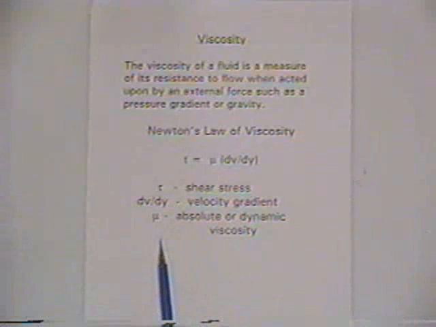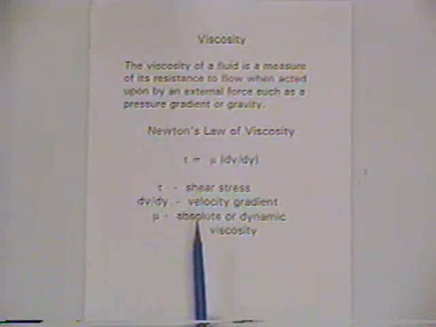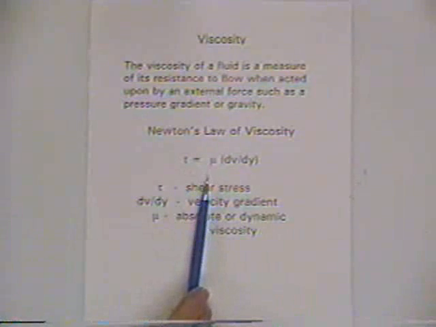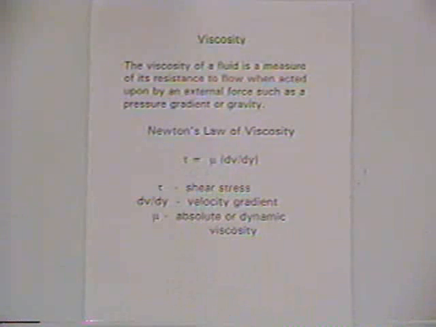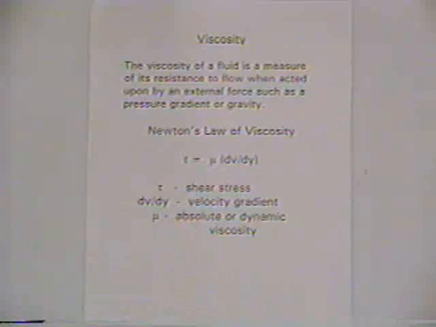The fluid particles move with the moving plate as the fluid deforms, and there's a velocity gradient, the change in velocity with distance from the fixed plate. And so the shear stress is proportional to the velocity gradient. And that constant of proportionality, the mu, is what we call the absolute or the dynamic viscosity.